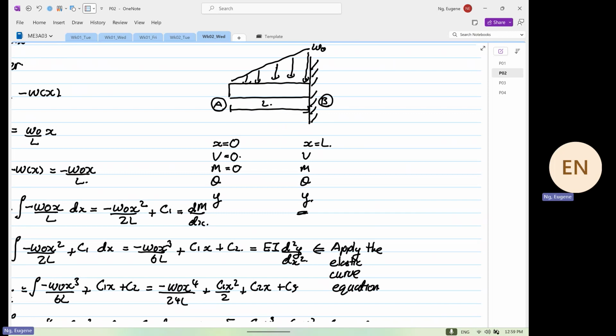So is there any Y movement if this is my X and this is my Y? Anyone? So we know that is equal to what? 0.